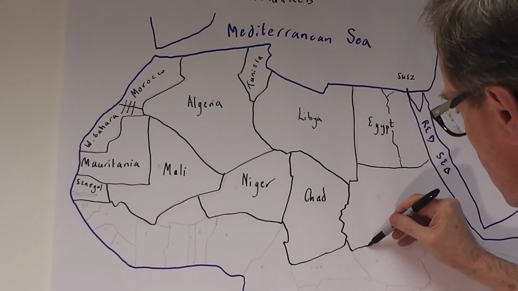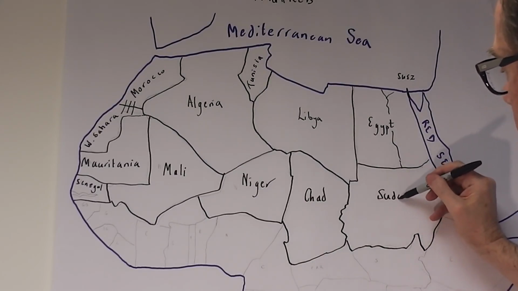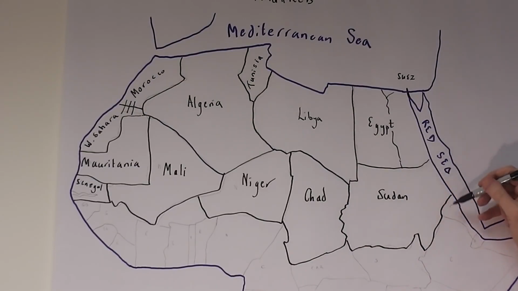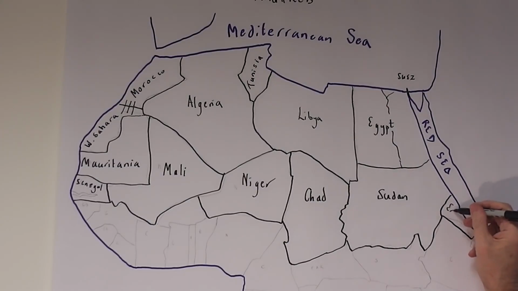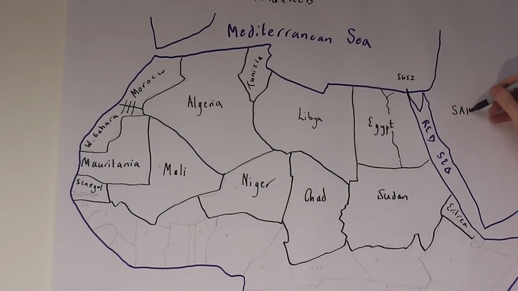Next to Chad comes Sudan. So those are all countries on the edge of the Sahara Desert. Here on the very east is a little country relative to those others called Eritrea. So those are the countries on the southern edge of the Sahara Desert, and those are called the Sahel countries, which is spelled S-A-H-E-L, the Sahel countries on the southern edge of the Sahara Desert.